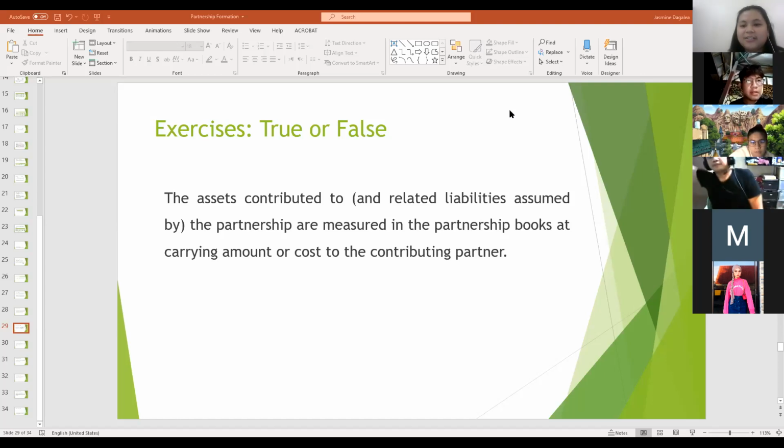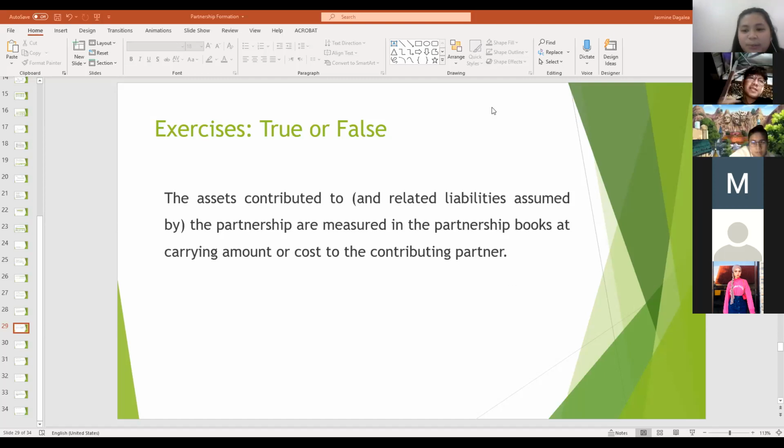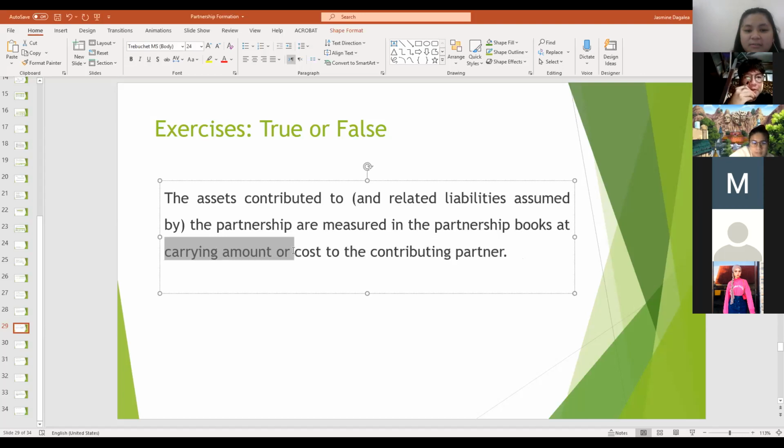Ano yung sagot? Sabing true. False. Di ba sinabi na natin na false, hindi carrying amount or cost. Anong tamang sagot? Fair value, ma'am. Fair value.